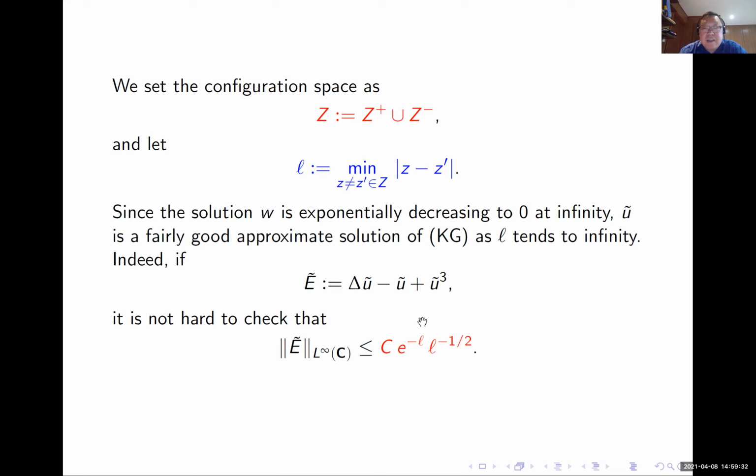This is very easy to see. This is the basic fact. So if you put the positive and negative spikes, and the distance between them is large enough, this is a good approximate solution. This is our first step.